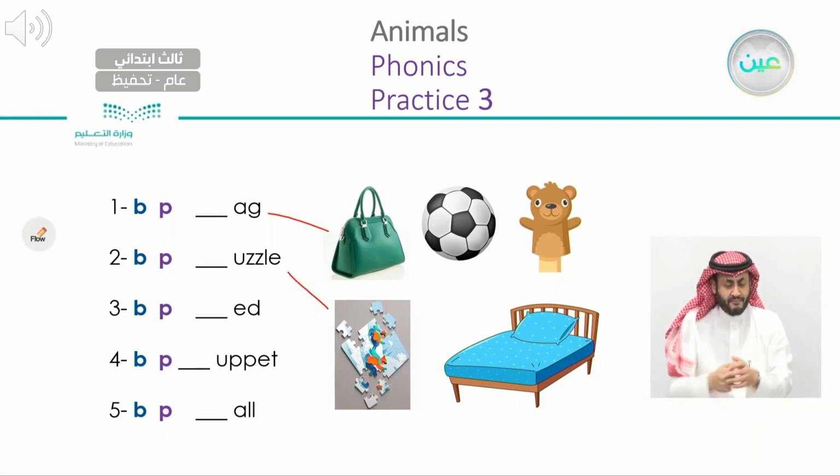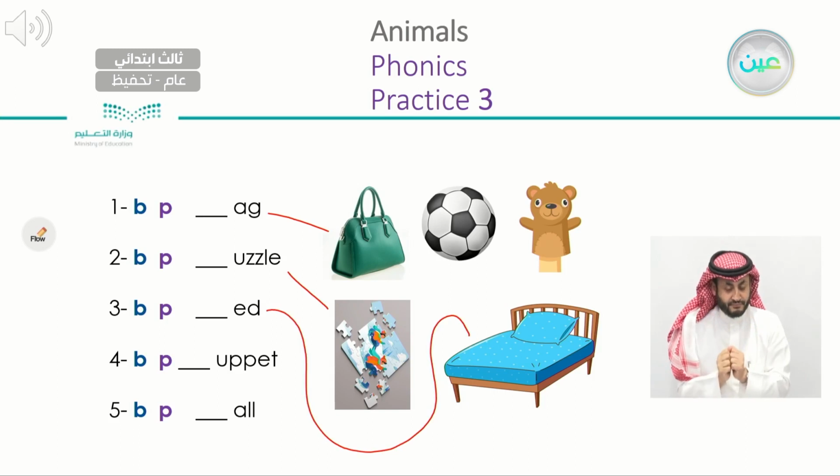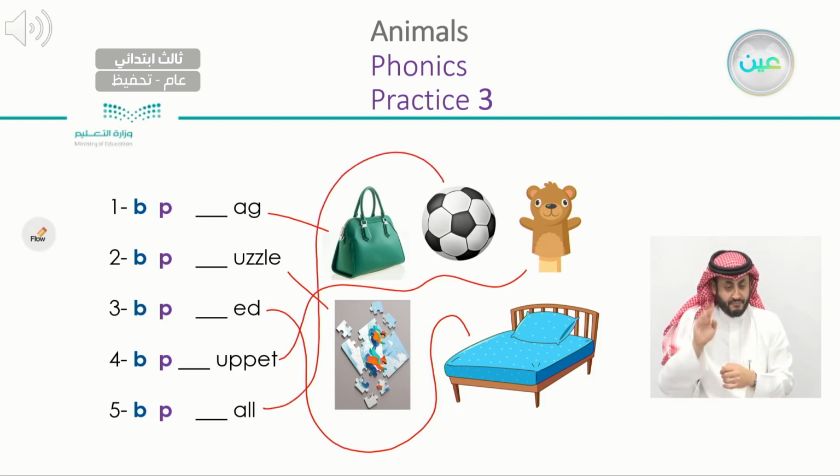Number 3. B, b, bed. Number 4. P, p, puppet. Number 5. B, b, ball. Well done. Now draw a line to the right picture.